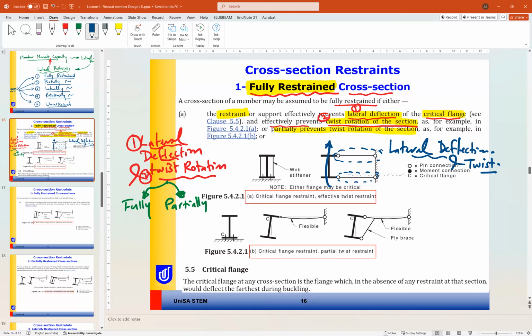Because the beam is supported by these members, it is not able to laterally deflect or twist, so we can consider the beam fully restrained. And this member should be along the beam to be considered fully restrained. So if this beam is continuous, this member is continuous with the beam. This means each point of the top flange or the critical flange is prevented from lateral deflection or twist.